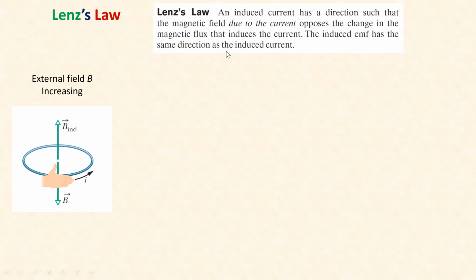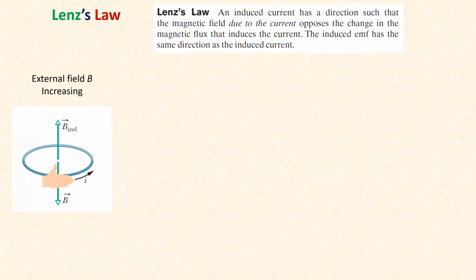According to Lenz's law, the current is created in a way that the magnetic field of that induced current, which we call B induced, opposes this magnetic field that is increasing in this direction. So it increases in the downward direction, and this current creates a B field upward to oppose that.